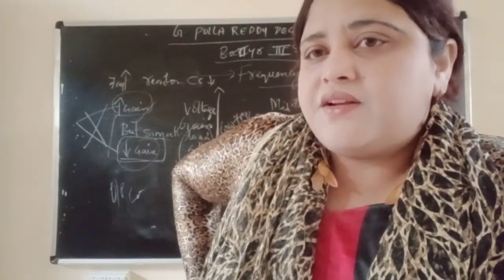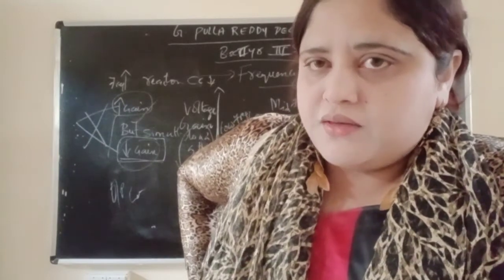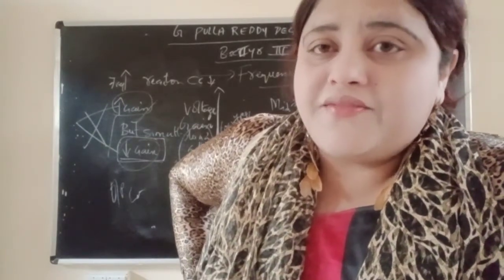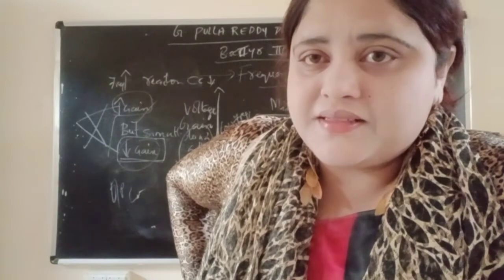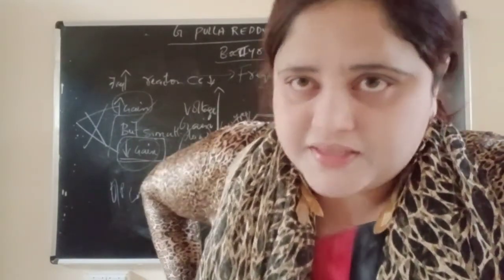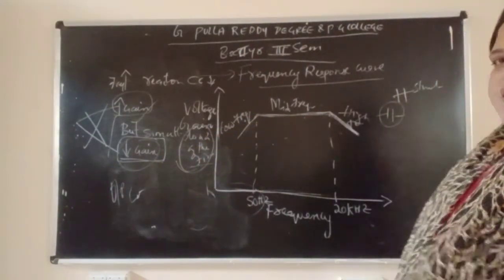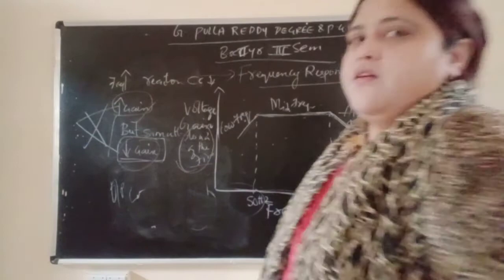Then the last one is shunted, like the emitter bypass capacitor, which is shunted. So at high frequency the gain will decrease, that means falls down, because of the shunt capacitor connected at the output. Shunt means a parallel capacitor connected at the output.